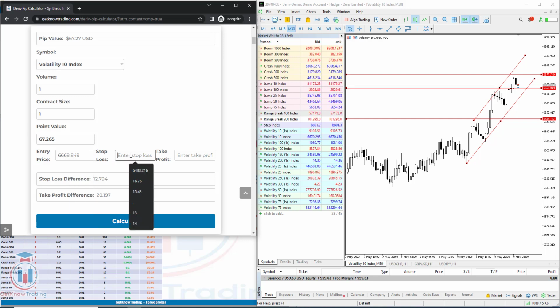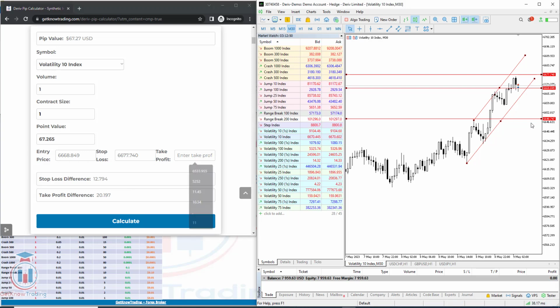The stop loss would be here, 6677.740. And the take profit would be 6648.747. Click calculate. You will get a stop loss difference and a take profit difference.